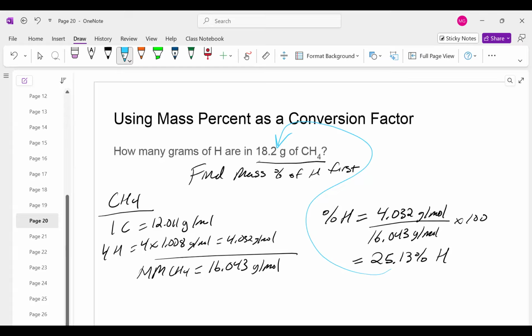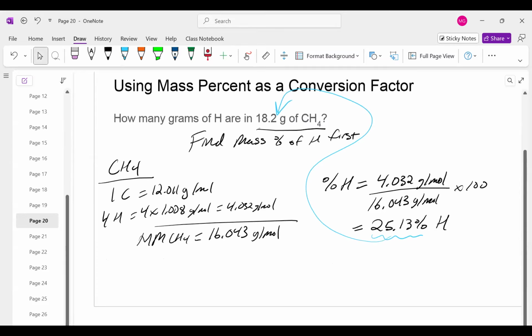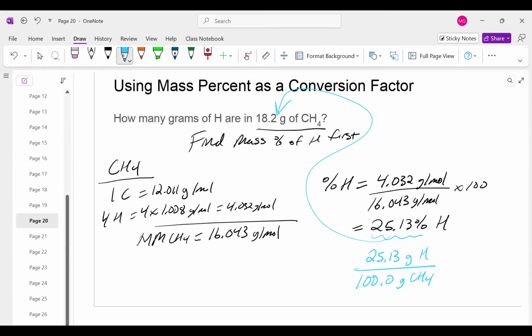And so I'm going to use this percent as a conversion factor. Well, how do I do that? I do it just like the other units of concentration I've looked at earlier. I'm going to say 25.13 grams of hydrogen are in 100 grams of methane. That's what that 25.13% means.